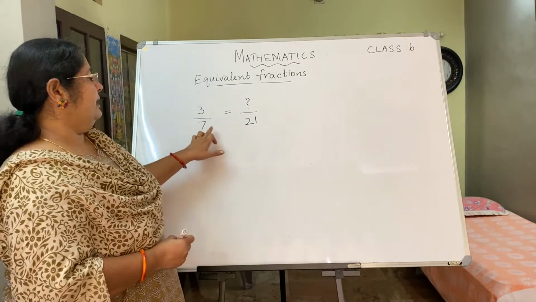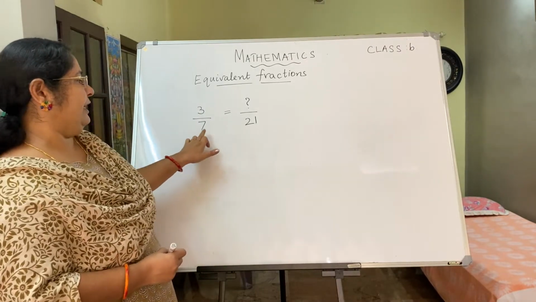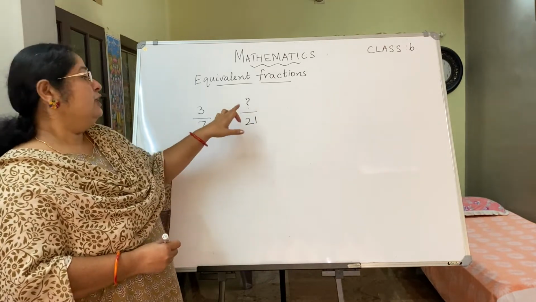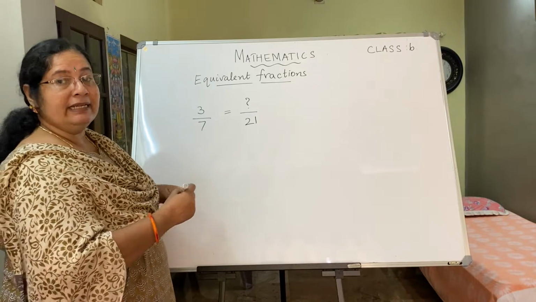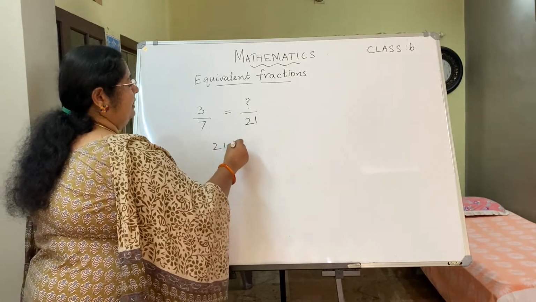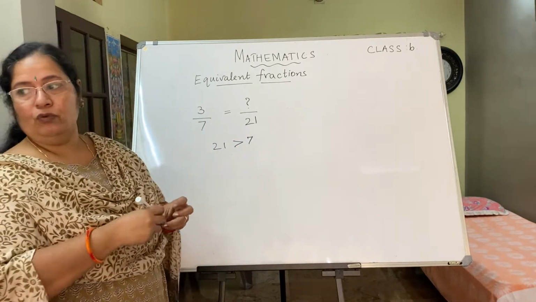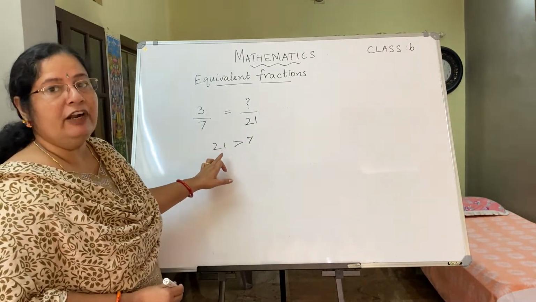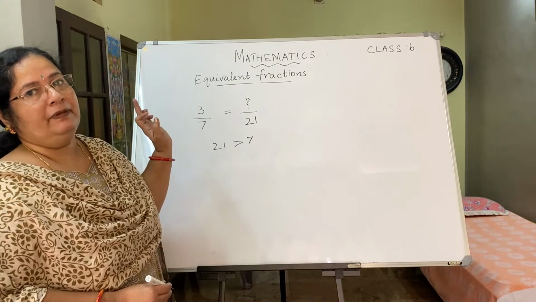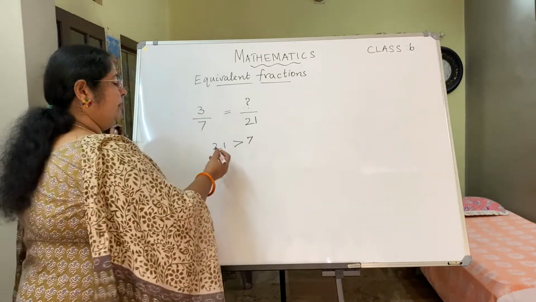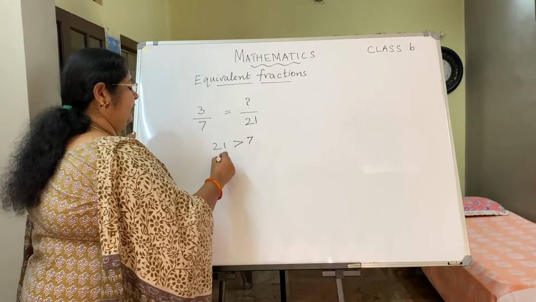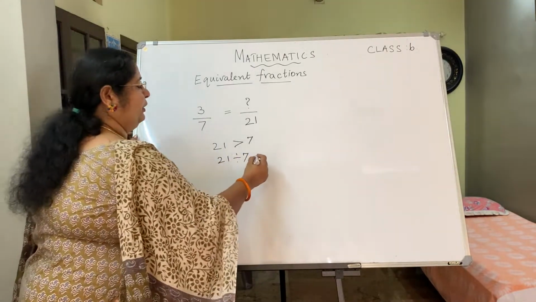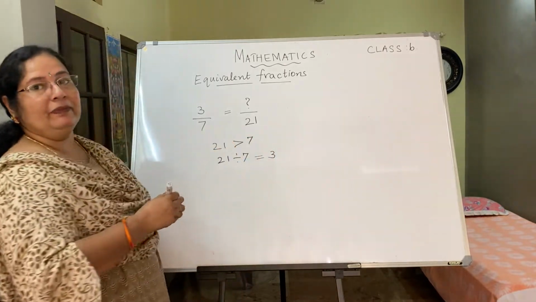Now look at the denominators of the two fractions. Here it is 7, here it is 21. So 21 is greater than 7. So you divide 21 with 7. When you divide 21 with 7, you get 3.